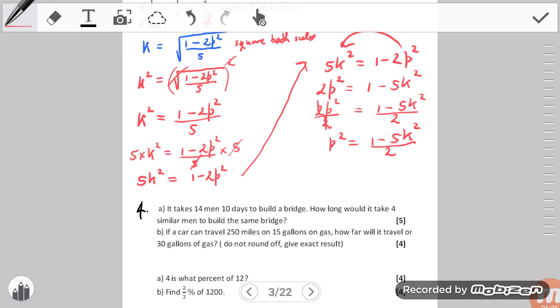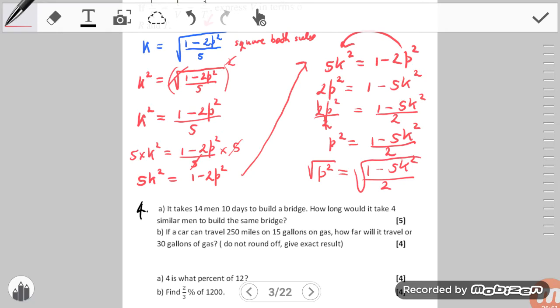And so with that said, we are now going to just remove the square by raising both sides to a power of a half, or finding the square root of both sides. So square root of p squared is equal to 1 minus 5k squared over 2 square rooted.